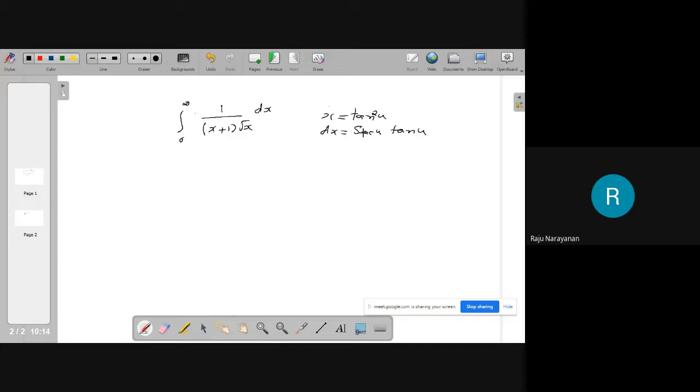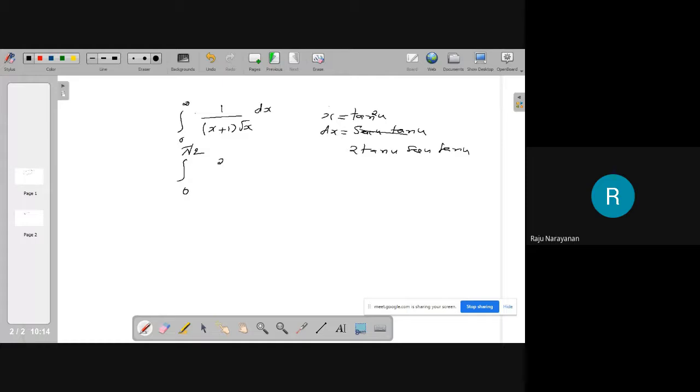Therefore, it will be 2 tan u secant u tan u. Therefore, u is equal to tan inverse x. Tan inverse 0 is 0. Tan inverse infinity is pi by 2.